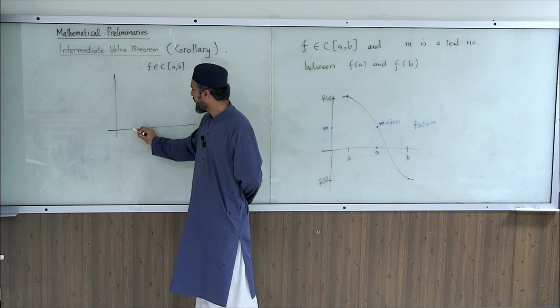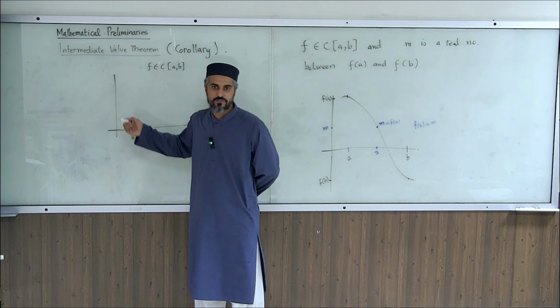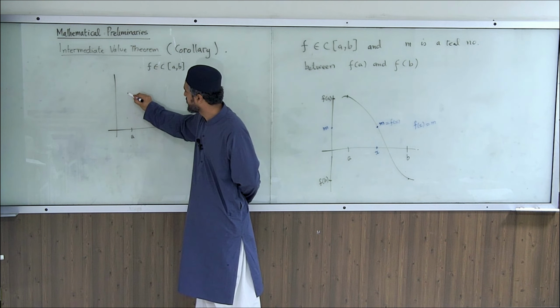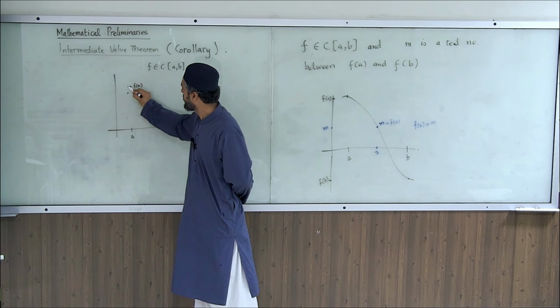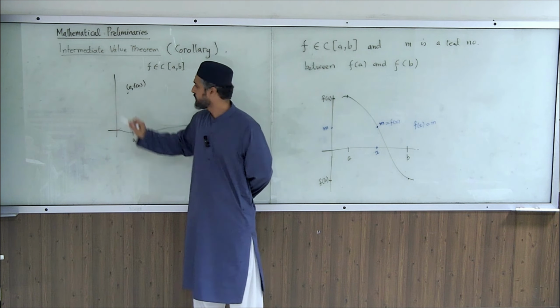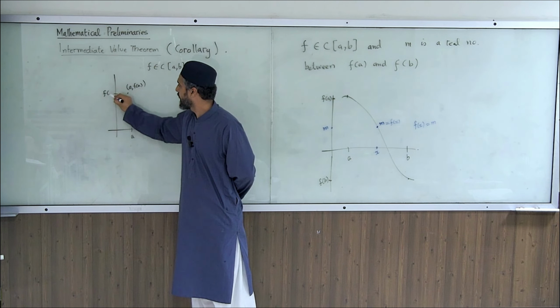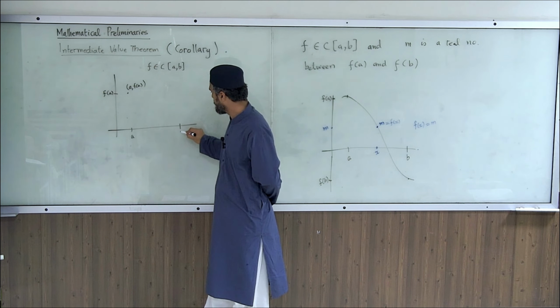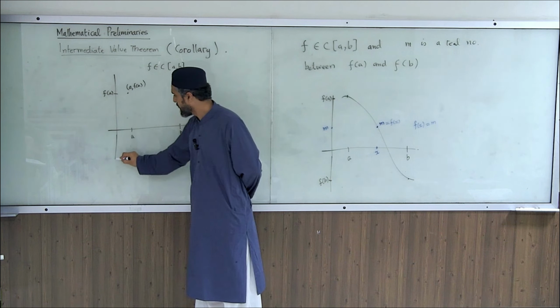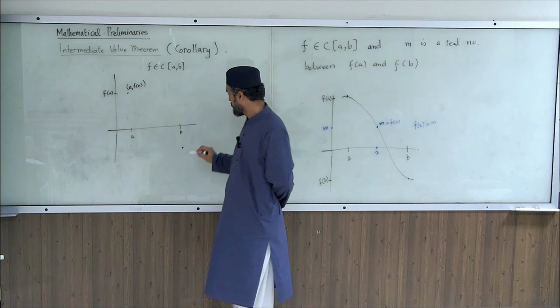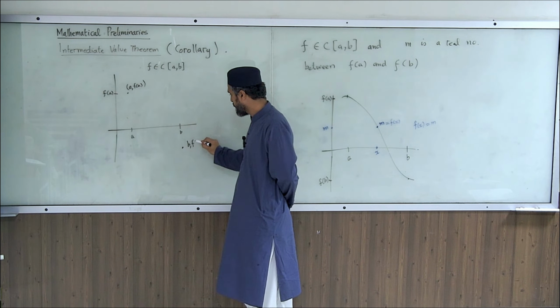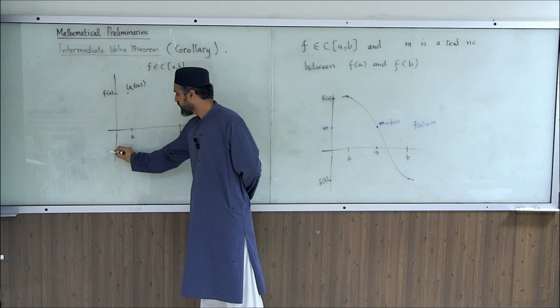So let's say at point a we have a positive height, this is f of a, and at point b this is the value of the function, so the height is over here, f of b.